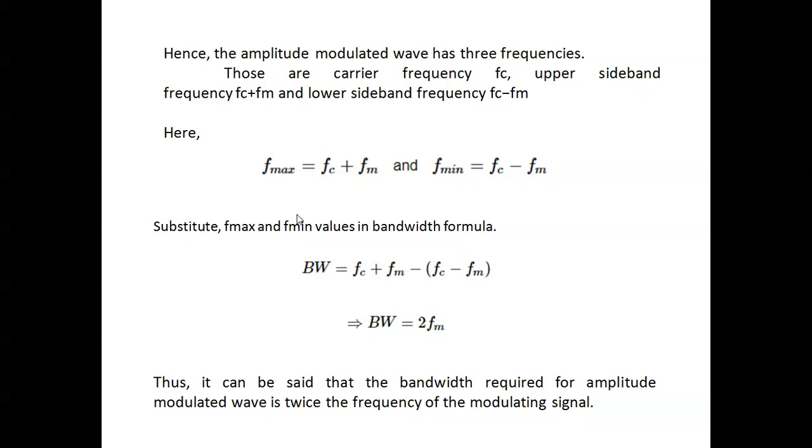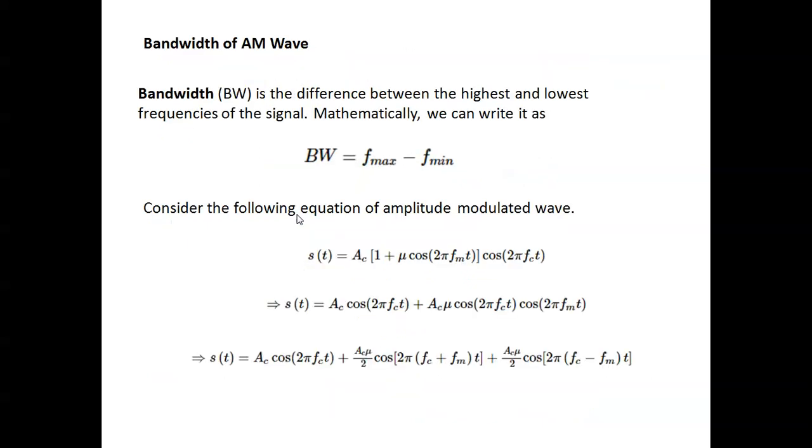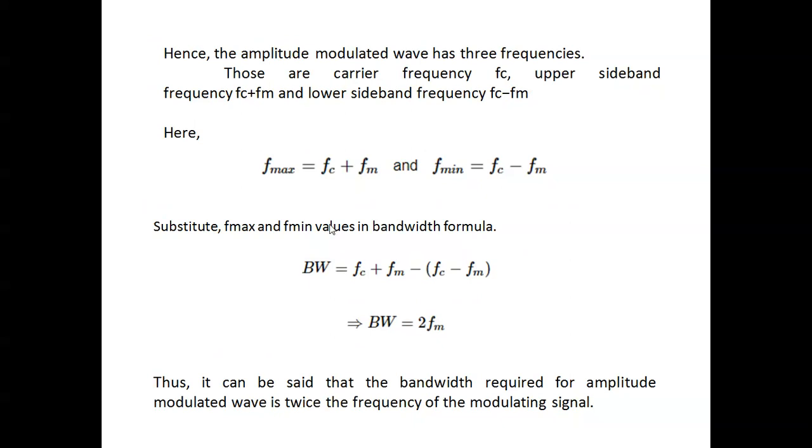So if you apply the bandwidth formula, maximum minus minimum, take the maximum equation from here and the minimum equation from here. Finally you will get bandwidth equal to 2 Fm.